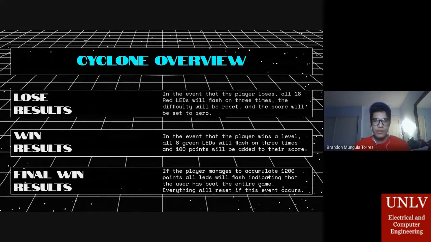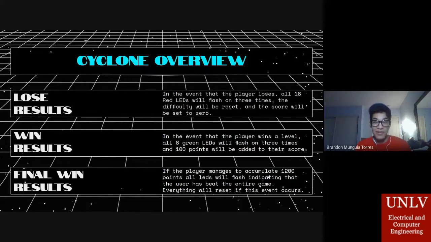And then we also wanted a few results depending on how the player does. So if the player loses, if they don't land the light at the correct position, then their score resets to 0. The speed will obviously reset back to 0, so like the difficulty starts over. And the 18 red LED lights would start flashing. They'll flash 3 times, on and off and on and off, to indicate that the player lost the level.